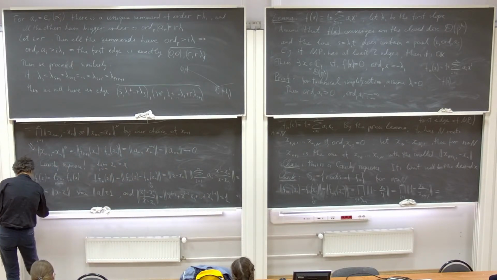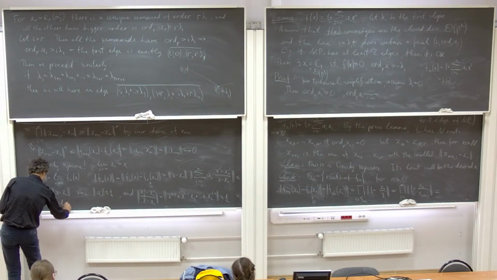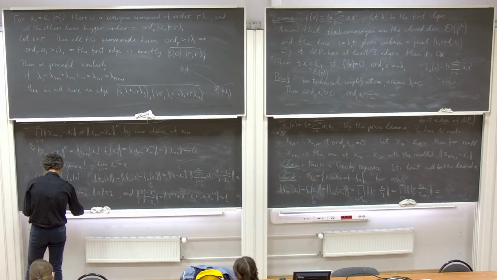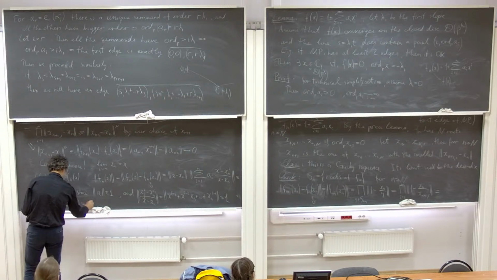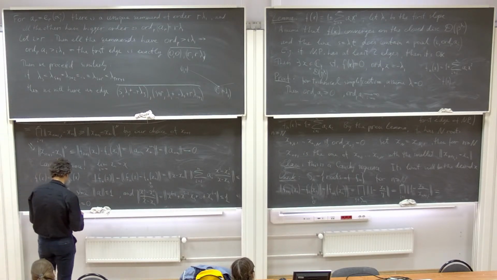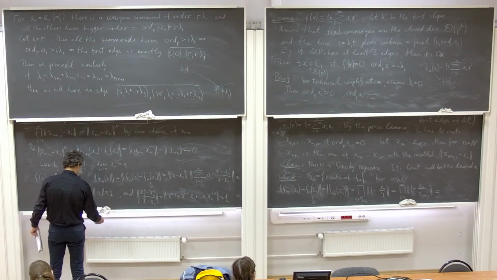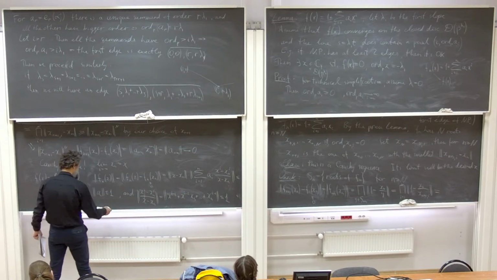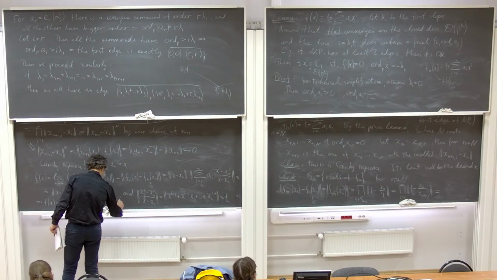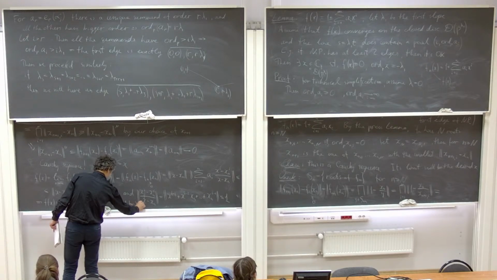So we conclude that f of x is the limit of fn of x, and this is 0. Okay, so we proved our lemma for lambda 1 equals 0.